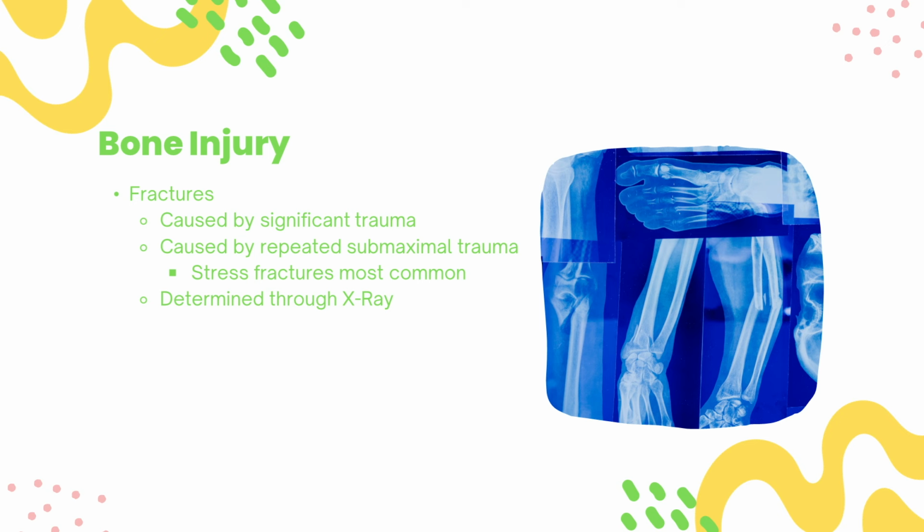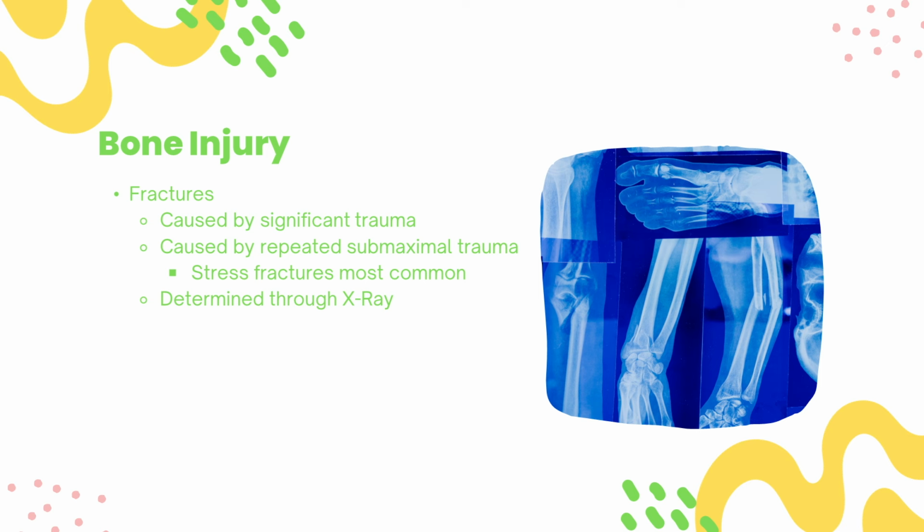And then when we talk about bone injuries, the primary type of injury that a bone can sustain is a fracture or a break. A fracture or break can be caused by a significant trauma that's going to cause that bone to snap or to get a hairline fracture through it. This also can be caused by submaximal traumas that are repeated, such as a stress fracture.